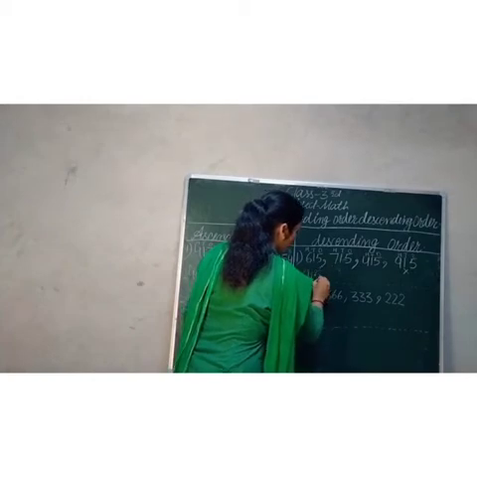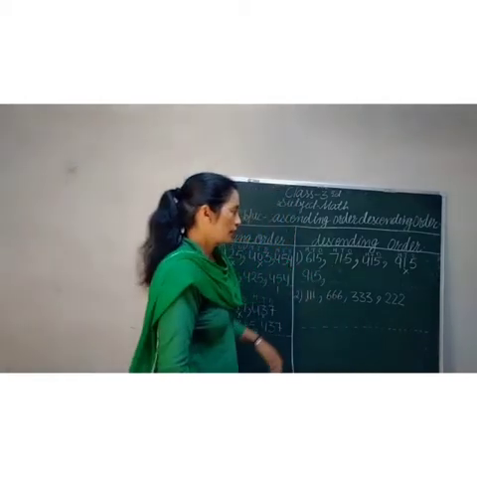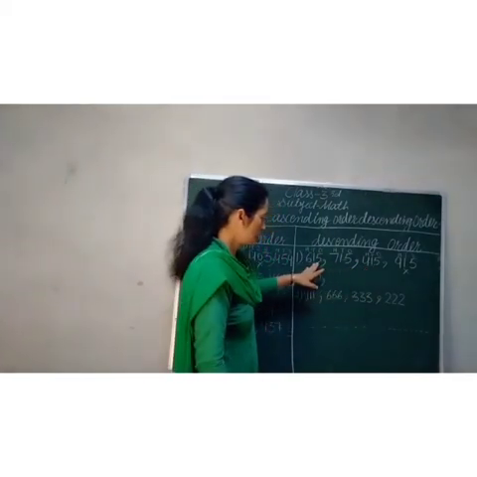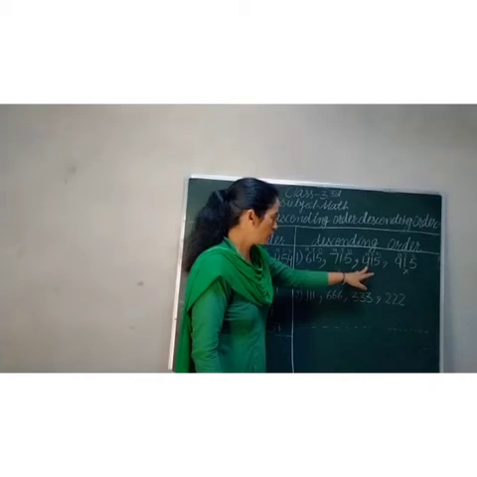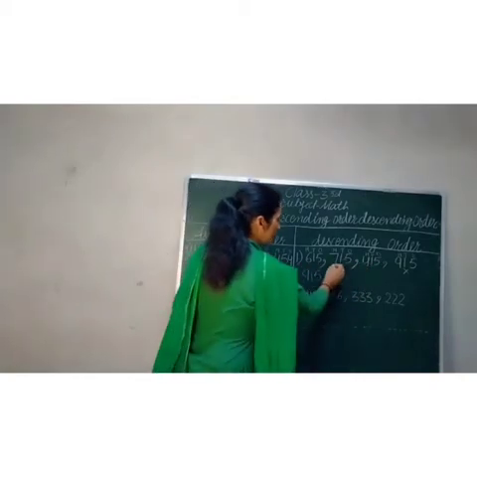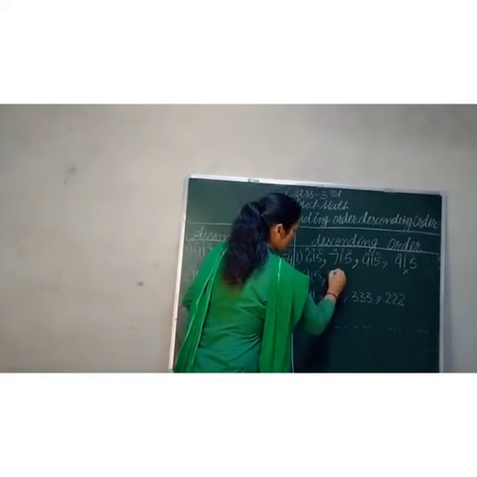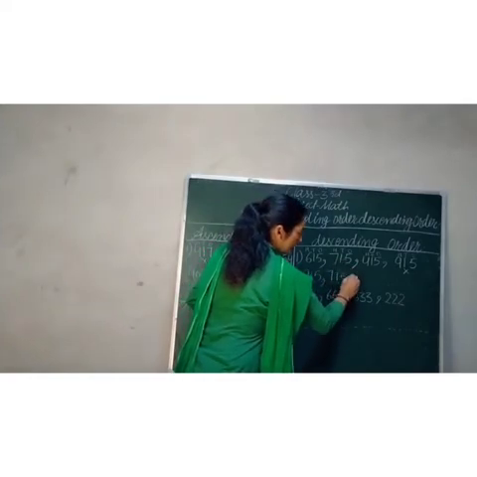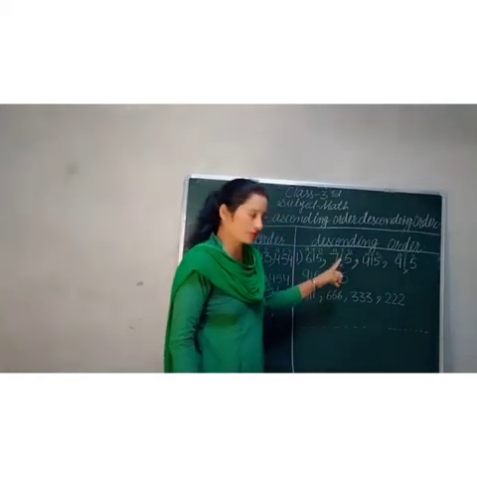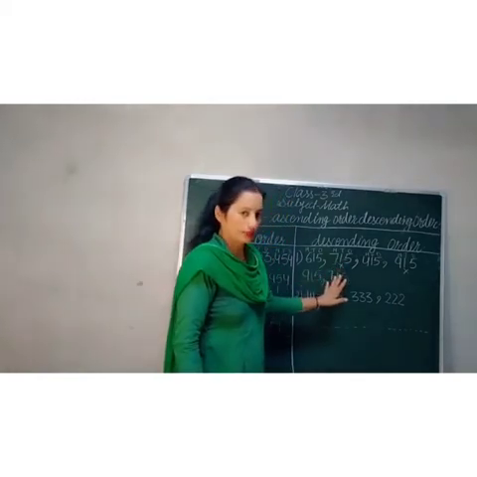915 will come first. Then after 9 we will see 4, 7, 6. Which will come next? 7. 717. We will cross it. Why do we cross it? Because we are writing.